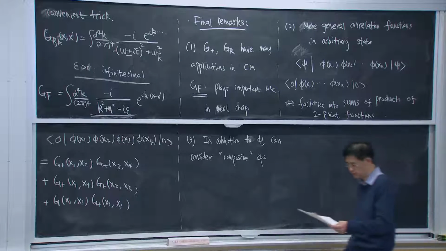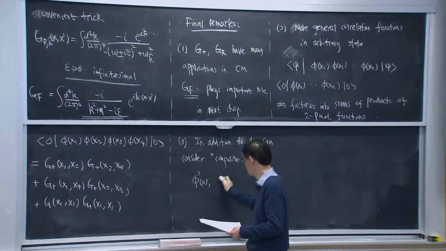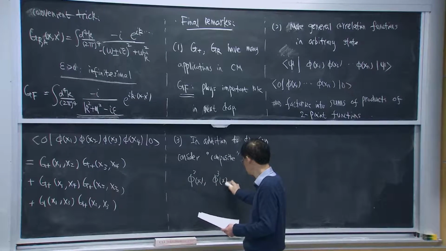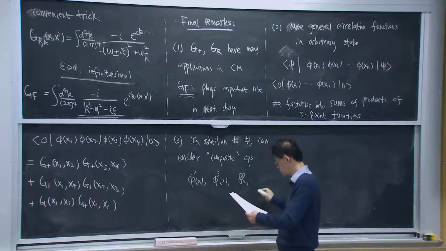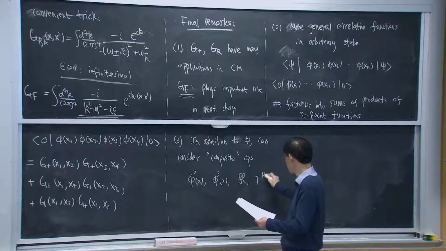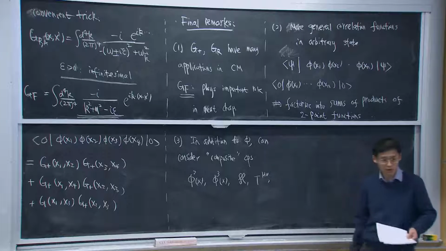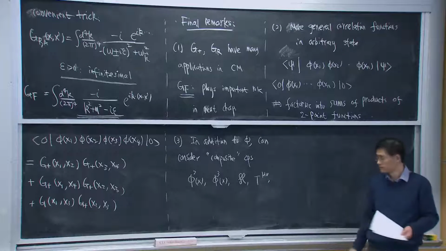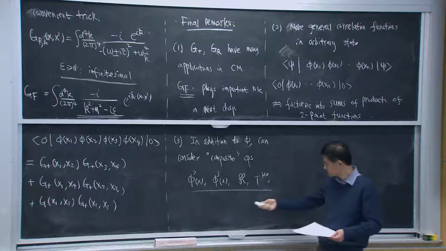So we can consider phi squared, phi cubed, say the Hamiltonian density, the stress tensor. These all involve some product of phis, or its canonical momentum, and so these are normally called composite operators.